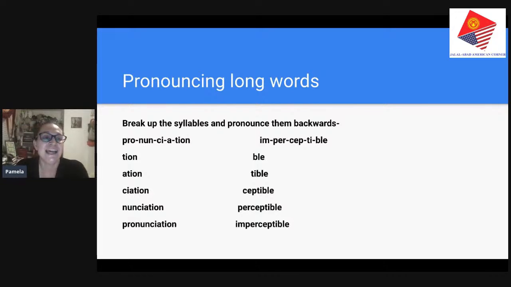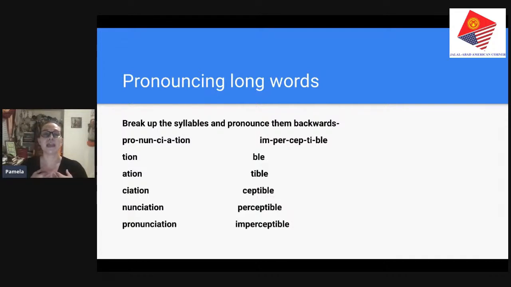So for something like pronunciation, first you look at how many syllables. Pronunciation. 1, 2, 3, 4, 5. Where is the stress? On the fifth. Okay, so we're going to start from the last syllable. We're going to say shun. The teacher says shun. The students, everybody together, says shun.